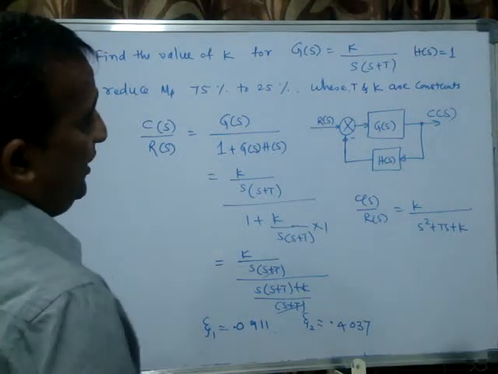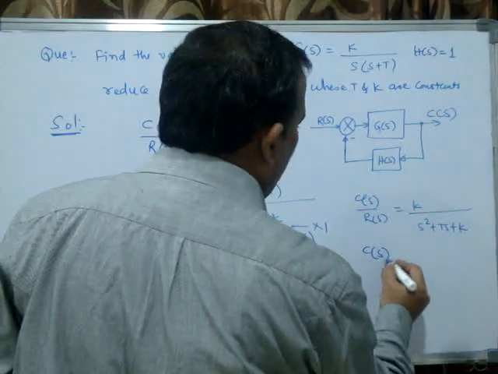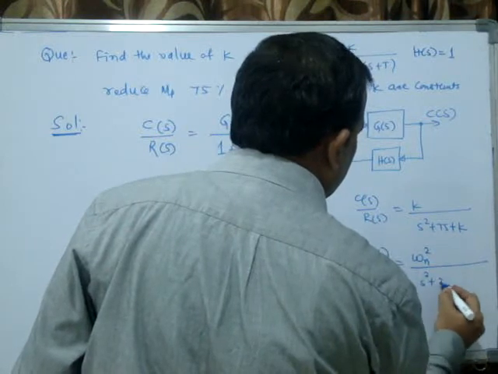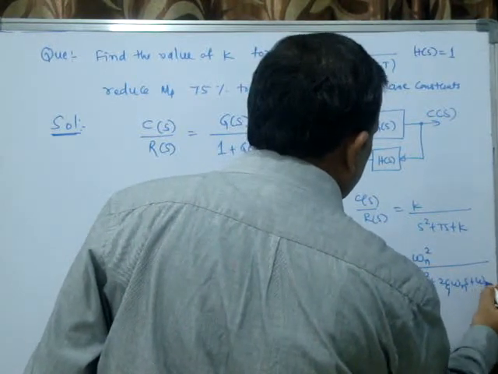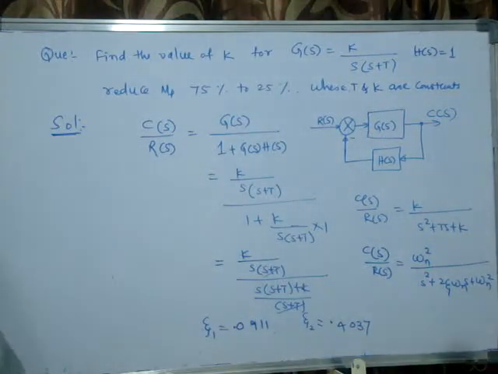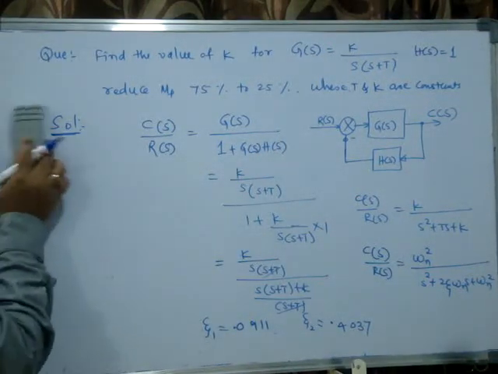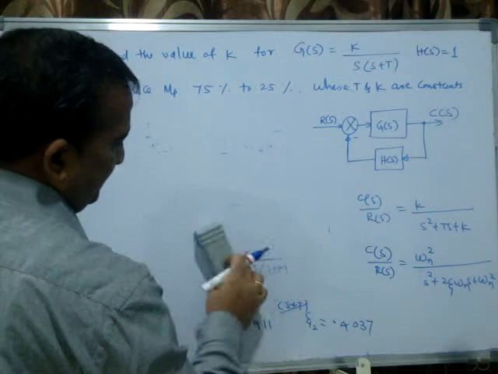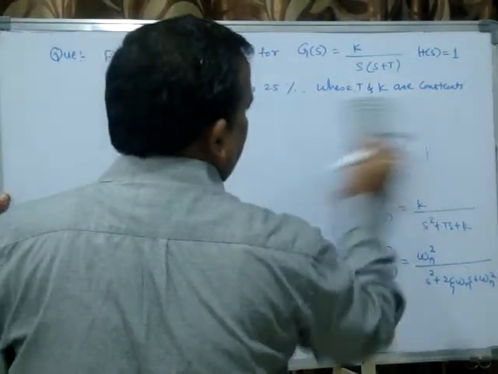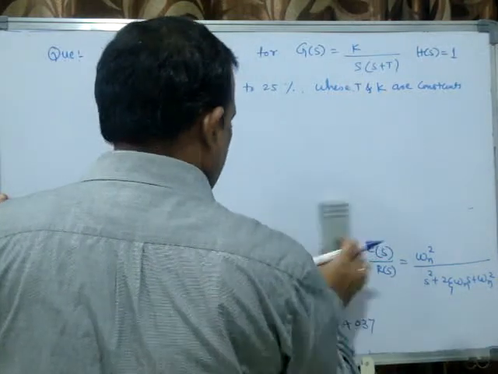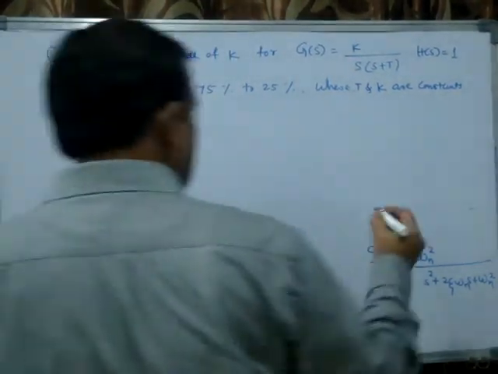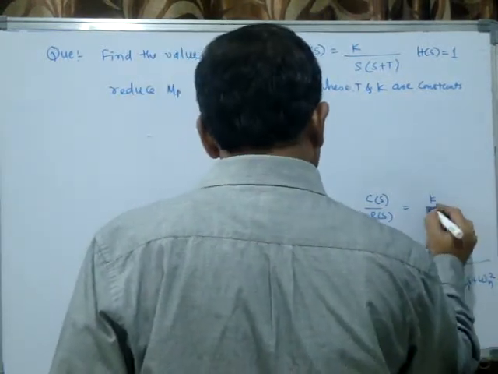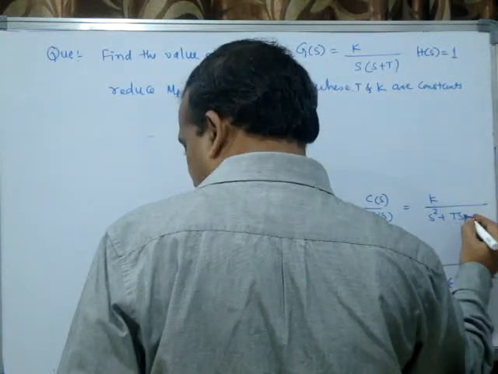Now I'll find omega n and zeta by comparing with the standard form of the second order transfer function. C of s divided by R of s equal to k divided by s square plus ps plus k.